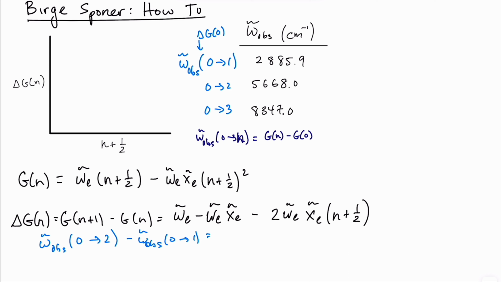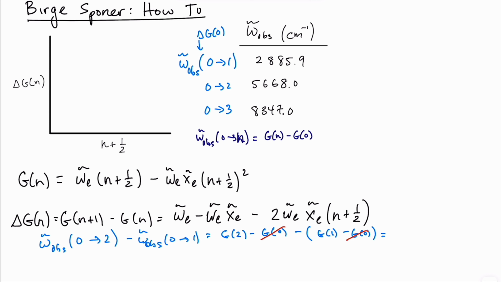If you plug in the definitions of these, you get g of 2 minus g of 0, and then minus the whole thing, g of 1 minus g of 0. If you just work this through, you'll see that you have g of 0 minus g of 0. Those two cancel. All that you're left with will be delta g.